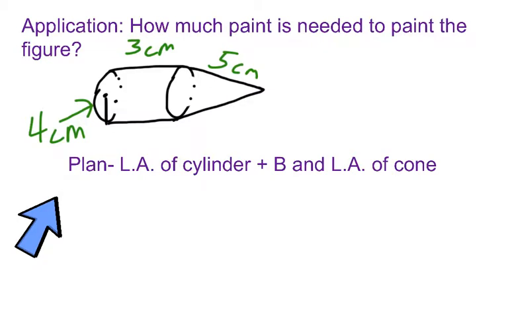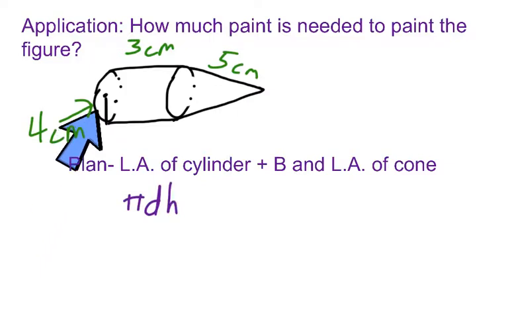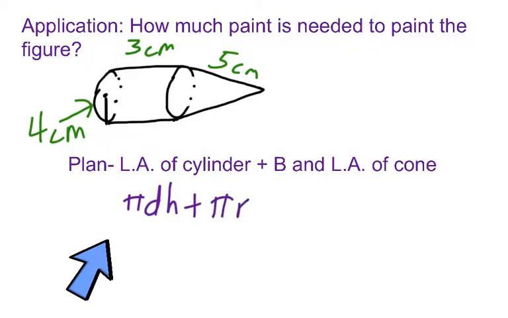So the lateral area of the cylinder is just going to be pi dh, and then the area of the circle, which is our base, is pi r squared. We only have one of them. And then the lateral area of the cone, well, we just talked about that one. The lateral area of the cone is just pi rl, so we're going to add that to pi rl.